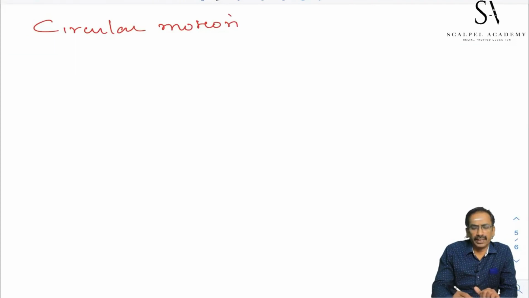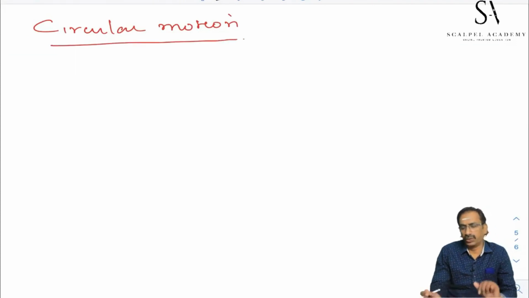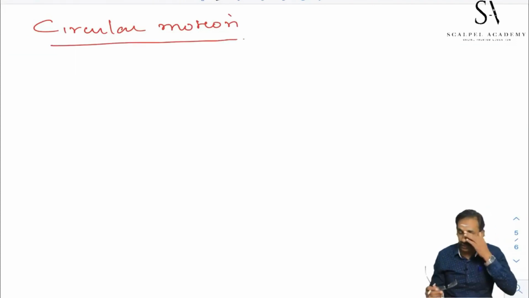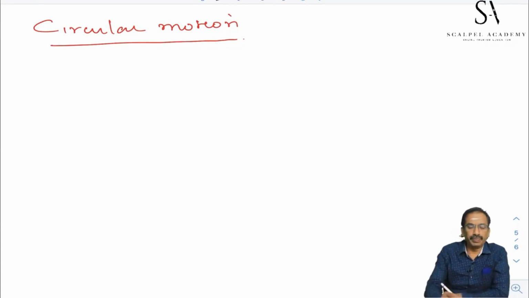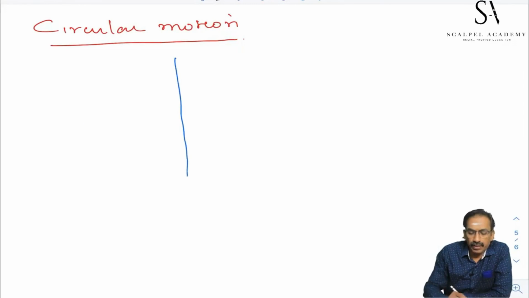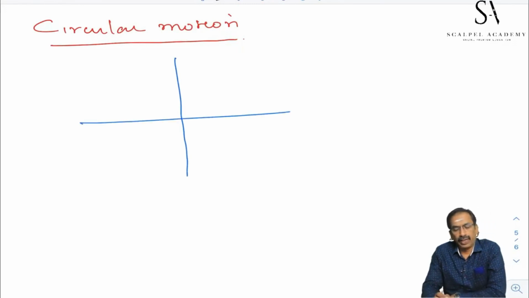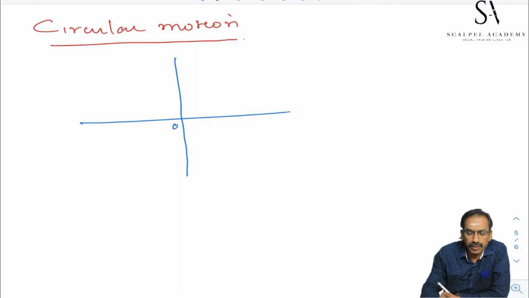Circular motion is an example of two-dimensional motion. A particle moves in a circular path of constant radius. We are going to discuss this. Student, this is the x, y axis, circular path of constant radius.